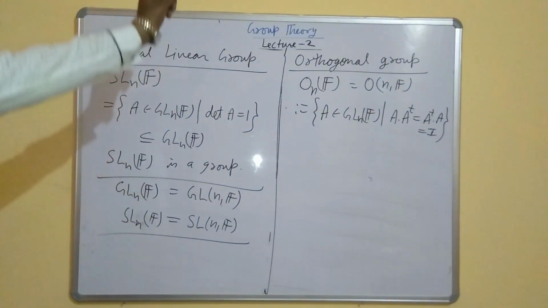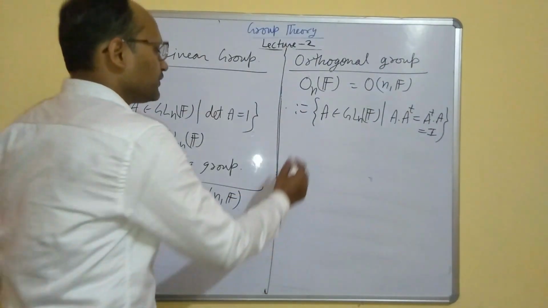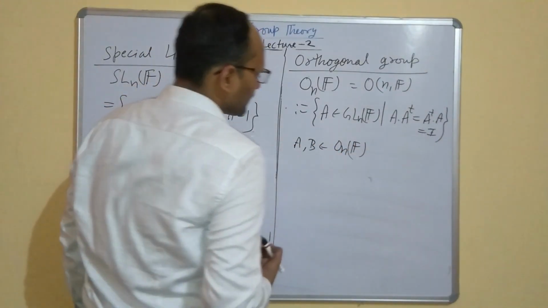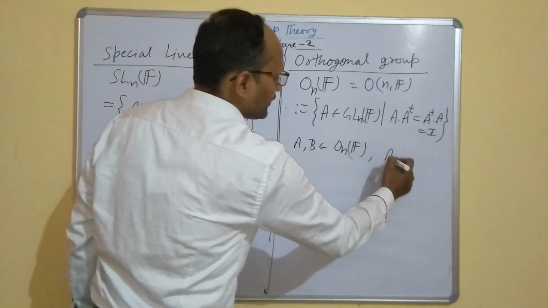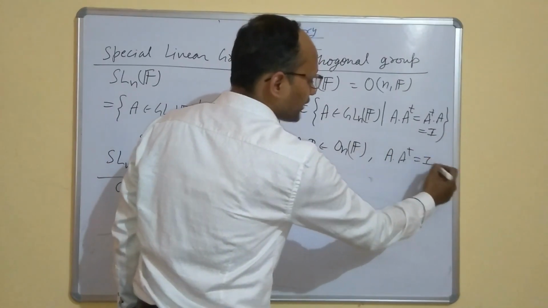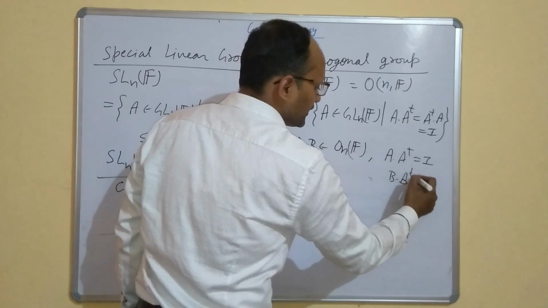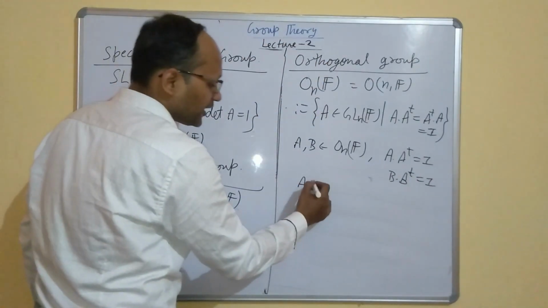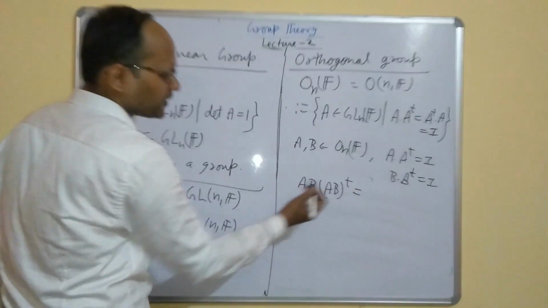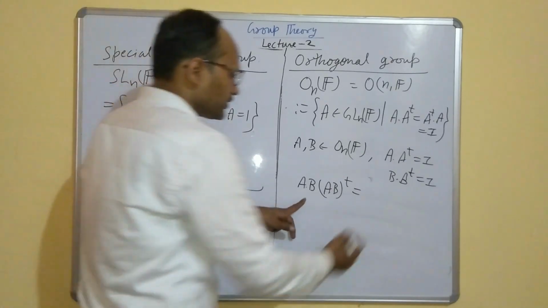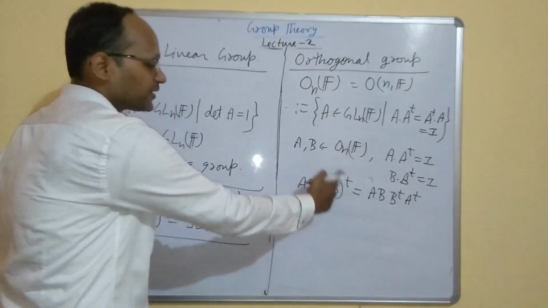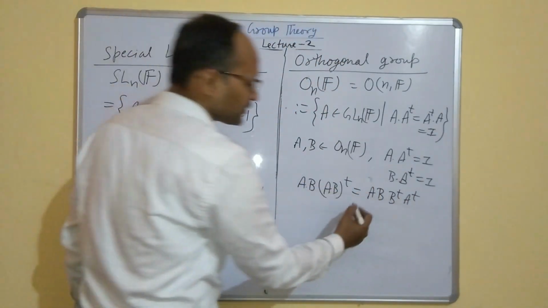Clearly, if A and B belong to OnF, then A into A transpose is equal to identity, and B into B transpose is also equal to identity. Now what about AB into (AB) transpose? Here AB is the multiplication of A and B. So this can be written as A B B transpose A transpose, because after taking the transpose it will become B transpose into A transpose.